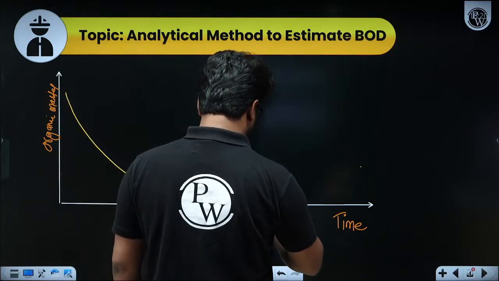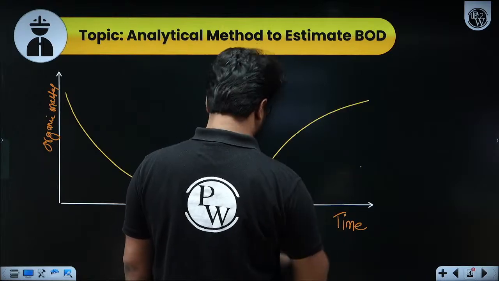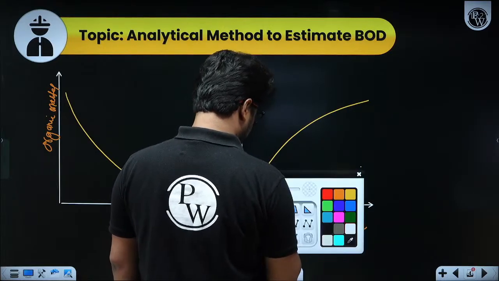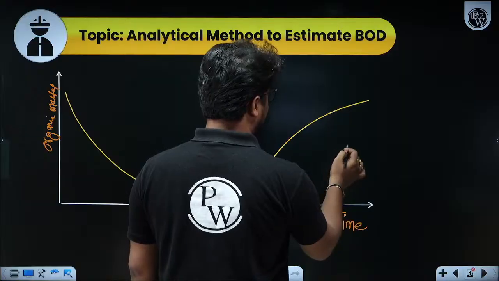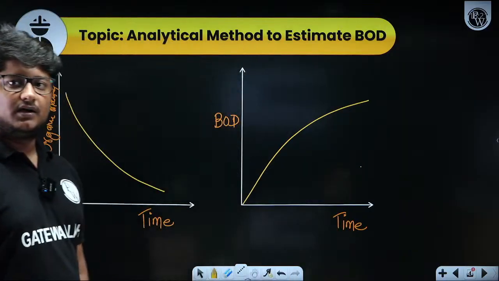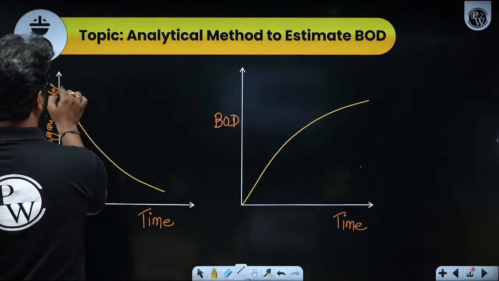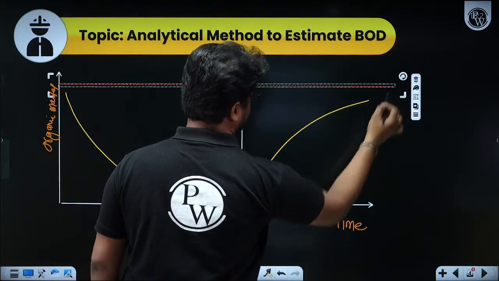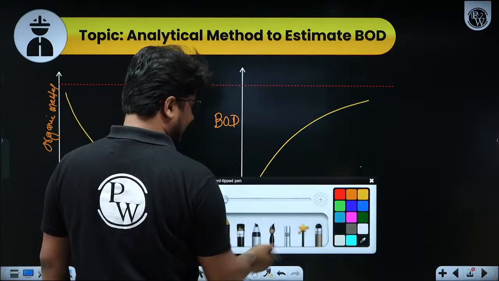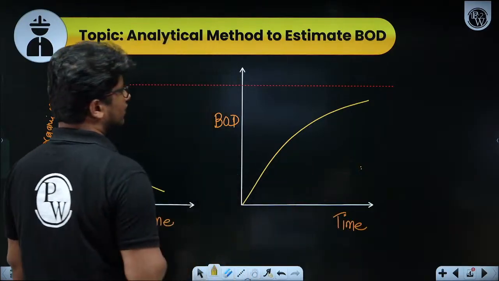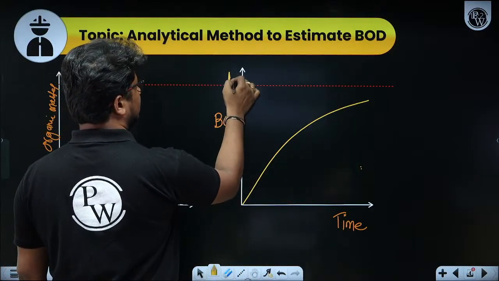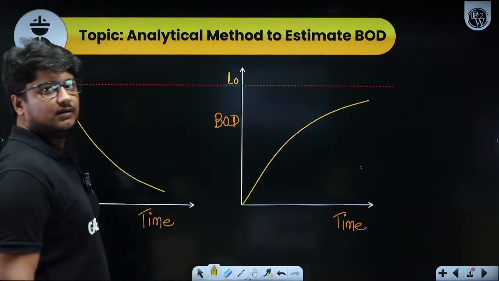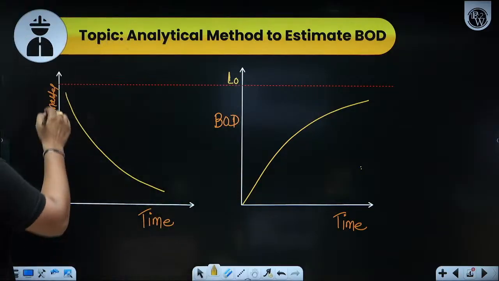So your oxygen demand will keep on rising. Yes or no? So if you are considering the maximum oxygen demand, that is what you are calling L0.